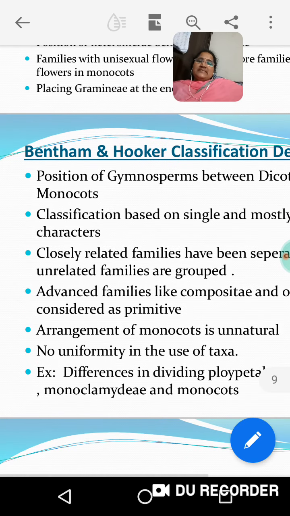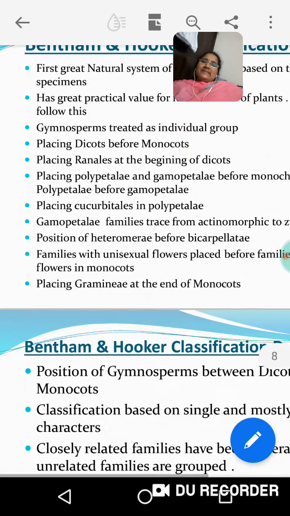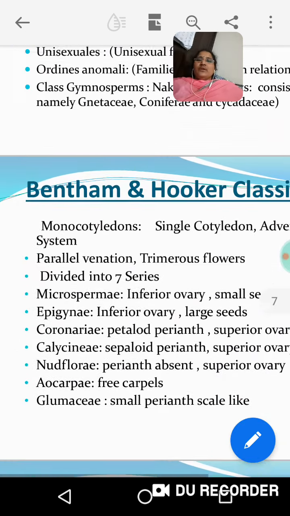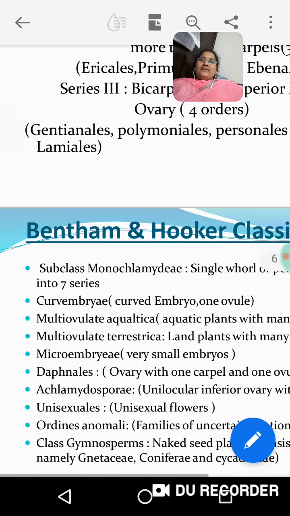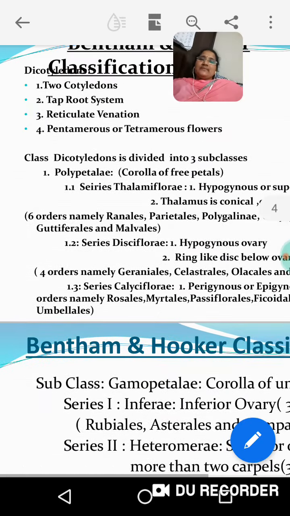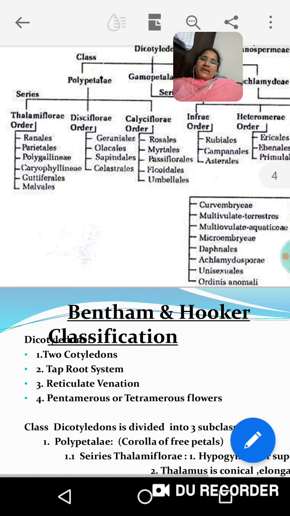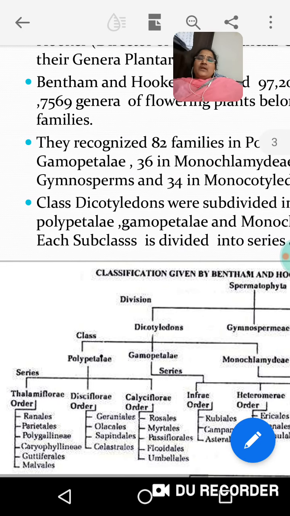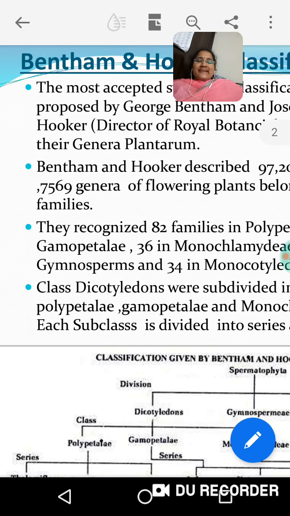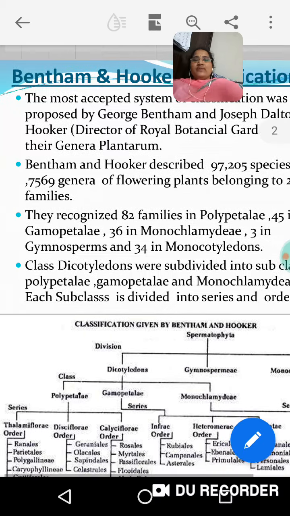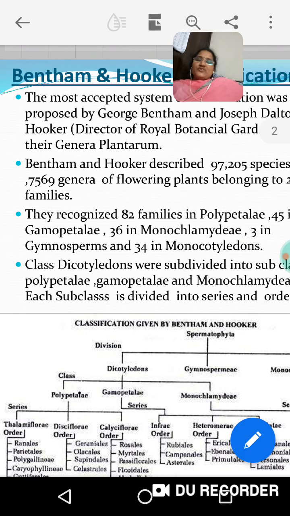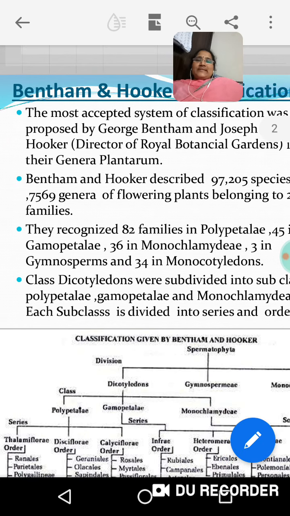And these are the major points of the Bentham and Hooker system of classification. This is a very important question for you. This will surely come as an essay answer. While reading the Bentham and Hooker classification, first of all you have to know the three types of classifications, and then about Bentham and Hooker: who is George Bentham and who is Joseph Dalton Hooker.